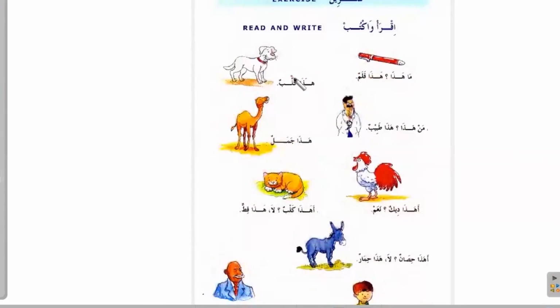So this exercise, we will leave it to the student to complete, so that when you practice, it sticks further. But if you don't understand, you can draw attention, and everything will be explained, inshallah.